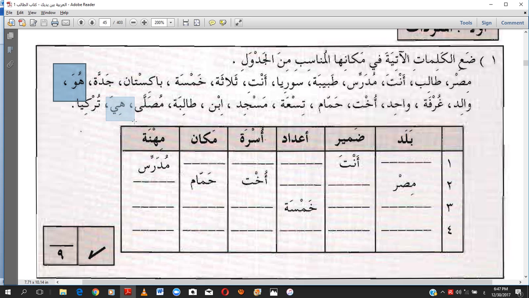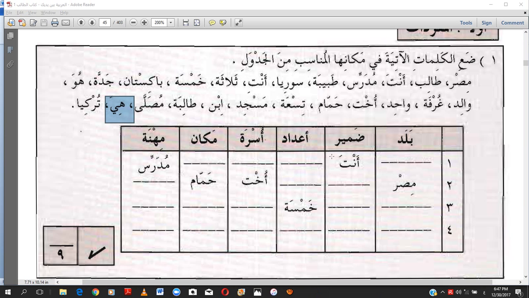Last one is here. Same thing. She. Okay. So this is our last pronoun for the list. What sentence can we use with here? Here means Pakistan. She is from Pakistan.